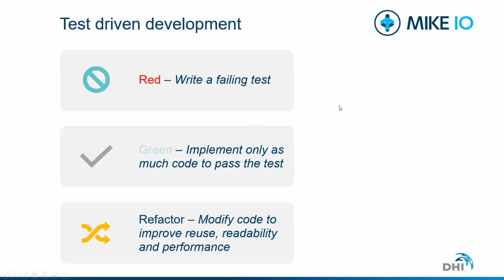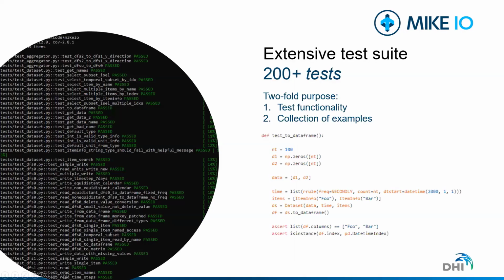So in this process, test-driven development, you end up with a lot of tests that describe how you want this library to work. We have managed to create a test suite of over 200 tests. So when we refactor things and change things, we can run all the tests, and it's automatically run in GitHub using GitHub Actions.